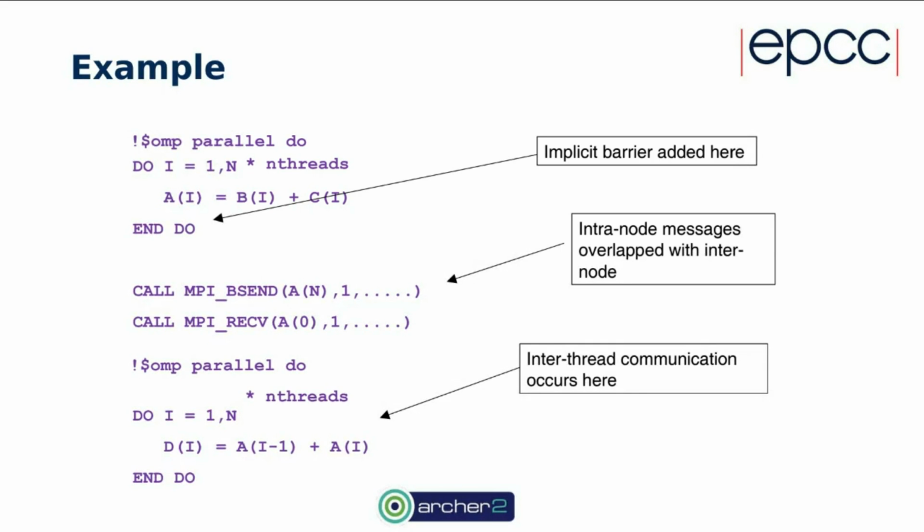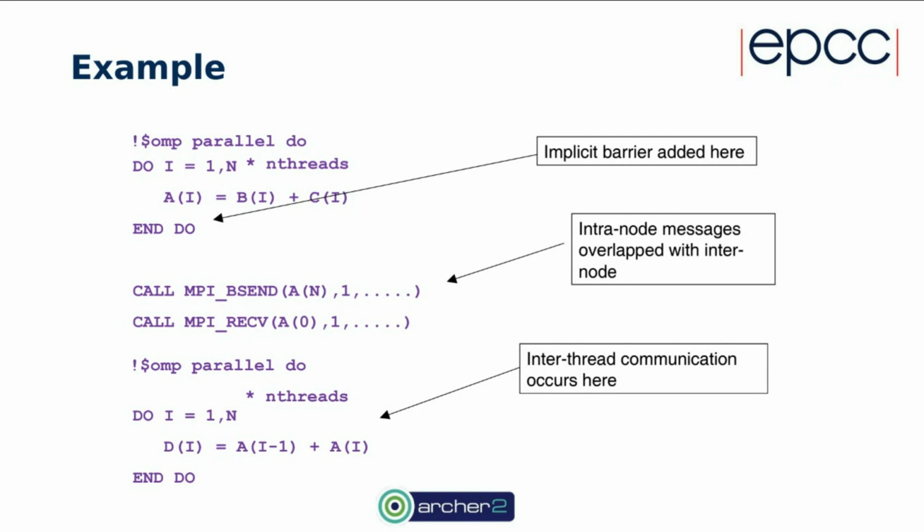Okay, so let's make that hybrid. Oops, my formatting's gone slightly awry here. In order to keep the same global problem size, I increased the value of n on every process by the number of threads.